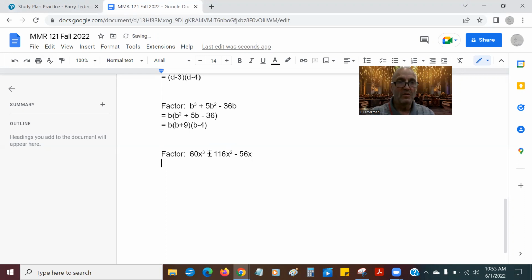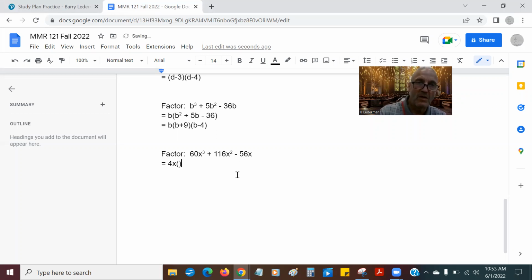So first thing I'm going to do is use the skill of factoring out common factors. And I see I have a common factor of 4x. So I'm going to factor out a 4x because 4 goes into 60, 4 goes into 116, 4 goes into 56, nothing else does.